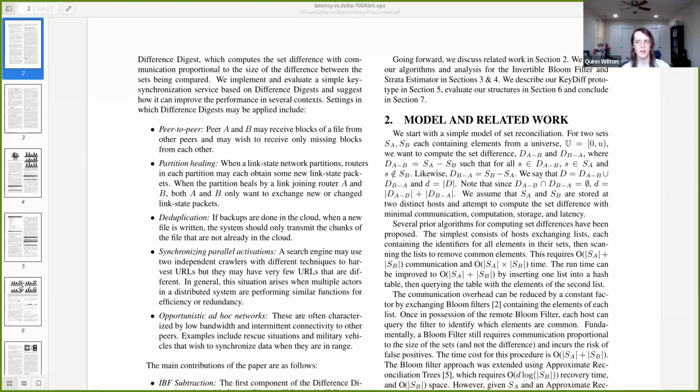So maybe, but I think there is something to that idea for these long offline cases where you maybe have intermittent connectivity, because you can gain network connectivity, compute your strata estimator, and put that in some well-known location, like on an IPFS node or under some DNS name. And then you can go back offline and continue doing a bunch of work.